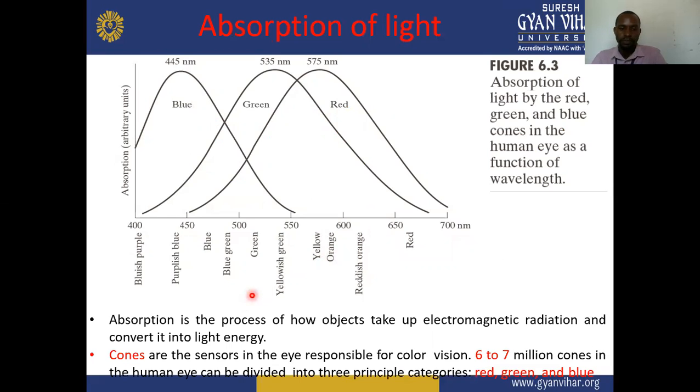Okay, so in simple terms, we can define absorption as basically the process of how objects take up electromagnetic radiation and then convert this radiation into light. As the objects absorb this radiation, measured in nanometers, we see that at every point, different colors are formed because of the conversion of this radiation into light.